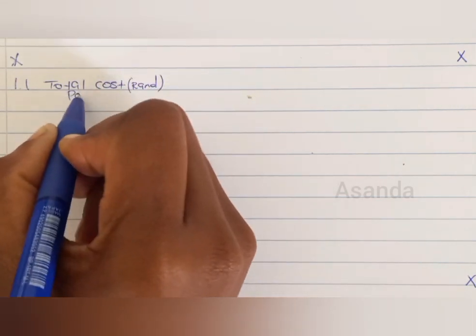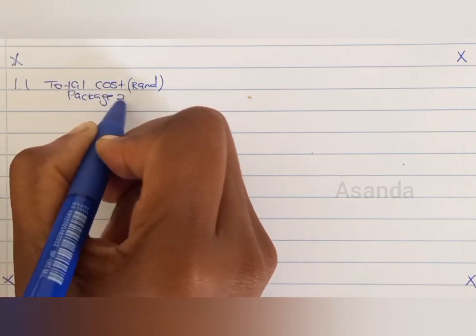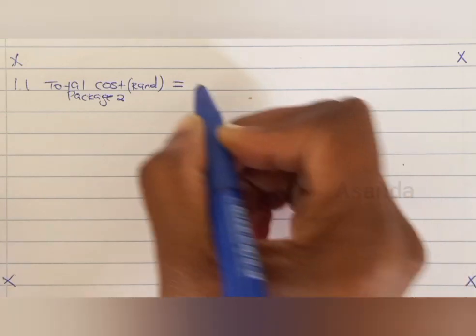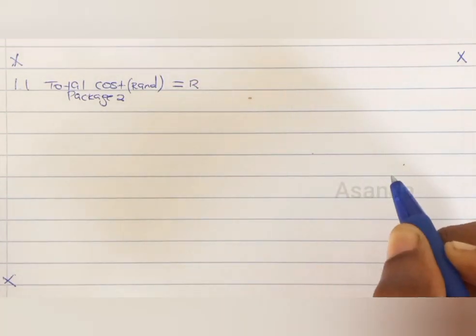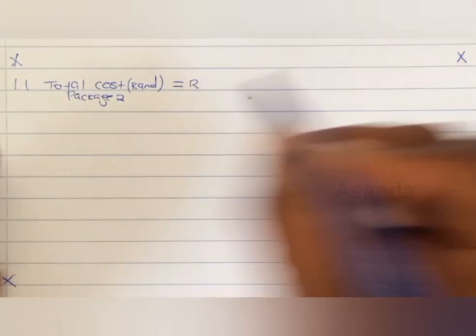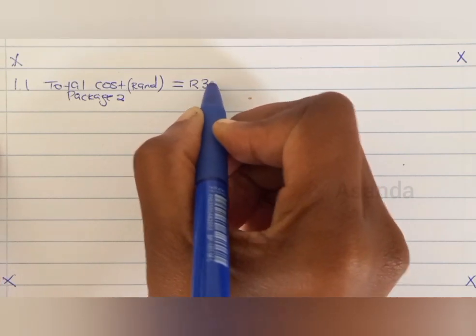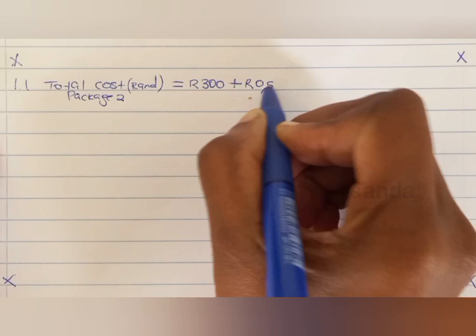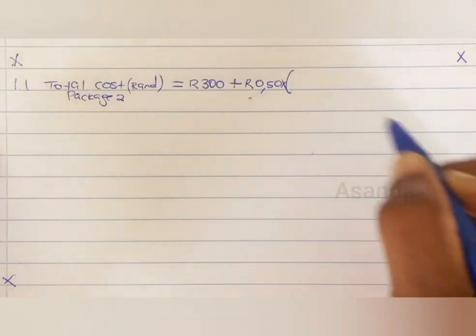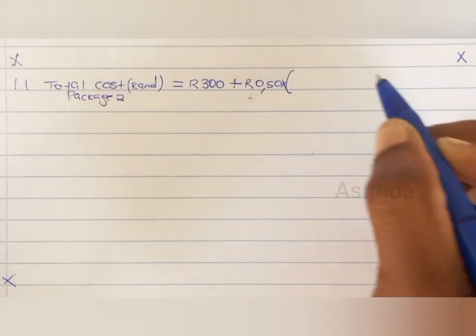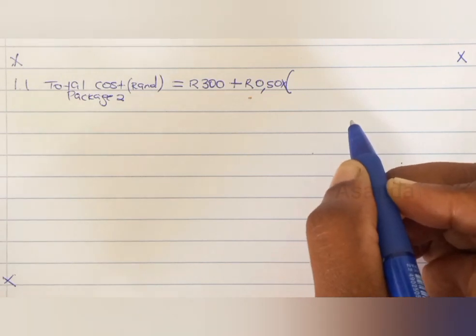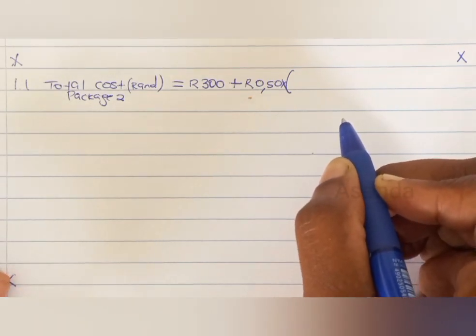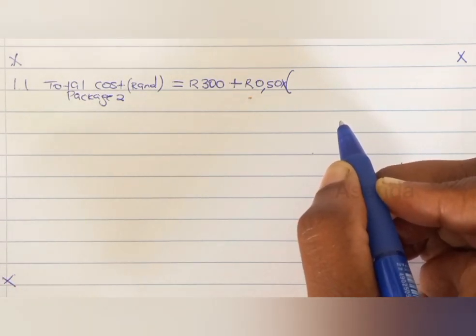And I'm just going to note that this formula is for package 2 and not for package 1, since they're so similar. And then they said I must put in the rent or the fixed cost. It goes there. This time the rent is 300 rands plus the cost per minute is 50 cents. And then I will multiply that by the minutes.